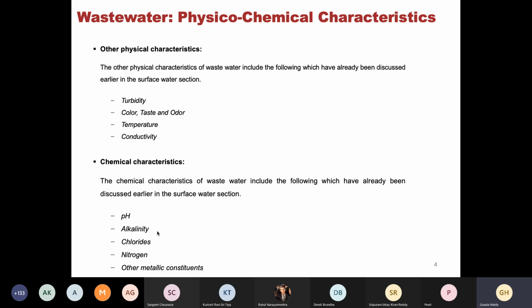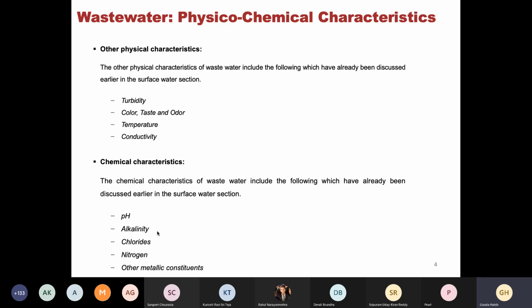Nitrogen content. Nitrogen is very important. Nitrogen could be present in different forms. If the nitrogen is present as ammonia, that means the sewage is fresh sewage; decomposition has not started yet. So presence of ammonia indicates fresh sewage.